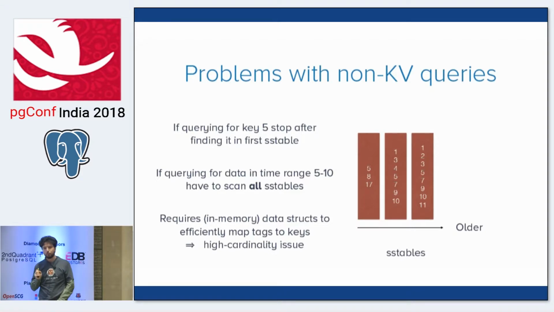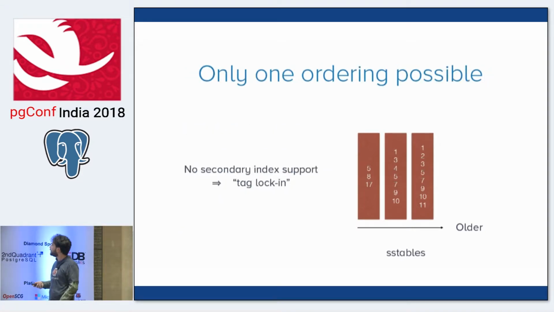This sounds great because it could give you some efficiency on the query side, except that the way these data structures work is that you have to store the entire cardinality of the tags that are associated with your time series. If you want to store fine-grained information, this grows very large, and now you need a lot of RAM in order to do this efficiently. So that's the first problem with key value stores.